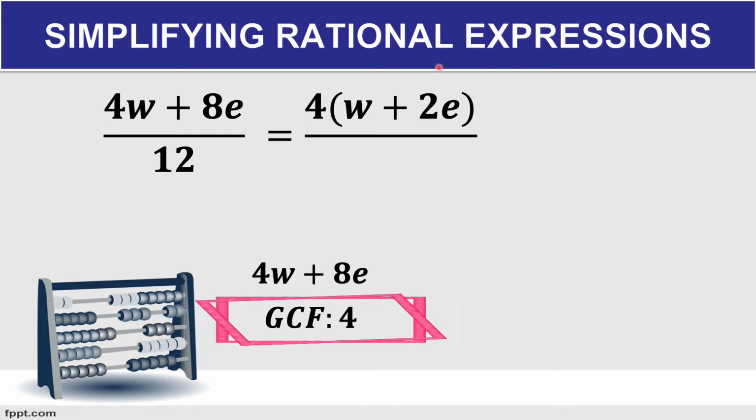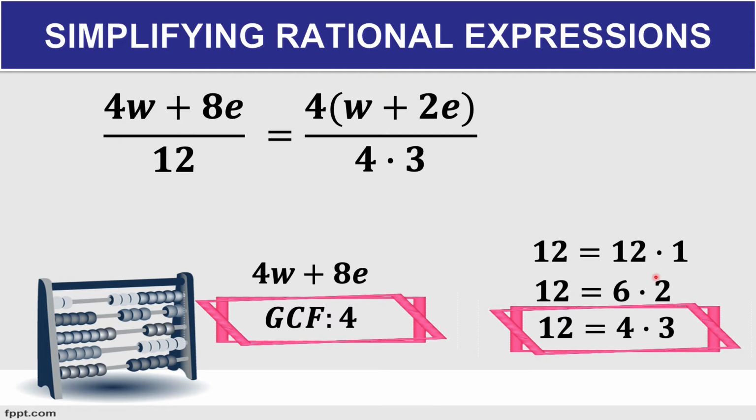So, eto ngayon yon. How about sa denominator? So, kunin din natin yung possible factors ng 12. That is 12 times 1, 6 times 2, and 4 times 3. Okay? So, kuhanin natin ngayon yung mayroon tayong maka-cancel out sa numerator. So, since ang numerator natin ay may 4, kuhanin natin factors dito, yung may 4 din.